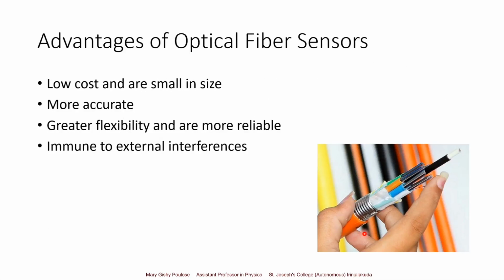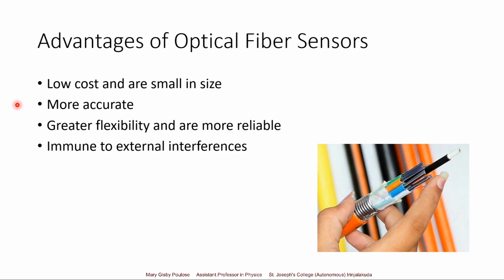Optical fibers have been widely used. They have different applications and their use is becoming popular day by day. This is because they have several advantages over other sensors. Their cost is very low and their size is also very small.